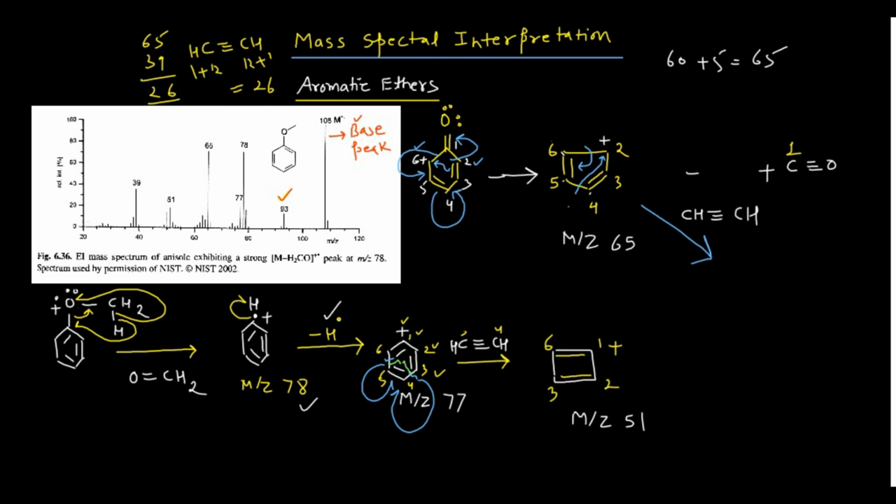And then you are left, see, from 5 carbons, this was your 5, these were the 5 carbons, and you have removed 2 carbons. That means now you are left with only 3 carbons, and those 3 carbons would be carbon 2, carbon 3, and carbon 4, because from 5 and 6 you have removed the acetylene.